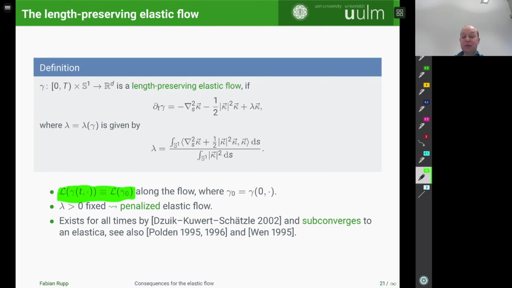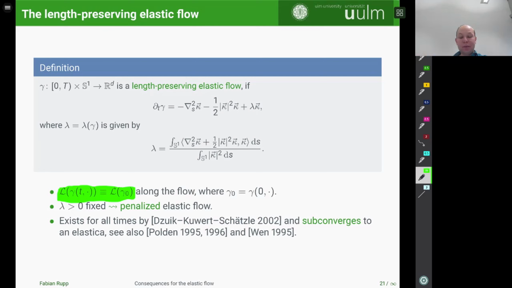Okay, so the length remains preserved. I should mention that there is also another version of the elastic flow where, instead of lambda given by these integral terms and depending on the solution itself, one considers a fixed positive scalar lambda, and then the length is not fixed but rather penalized by the flow.